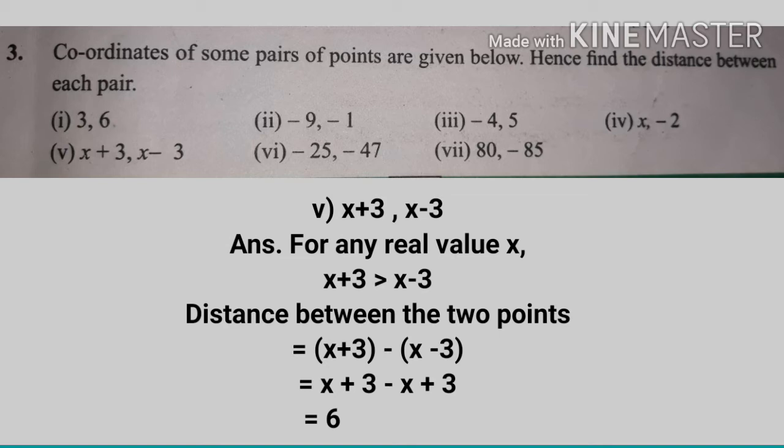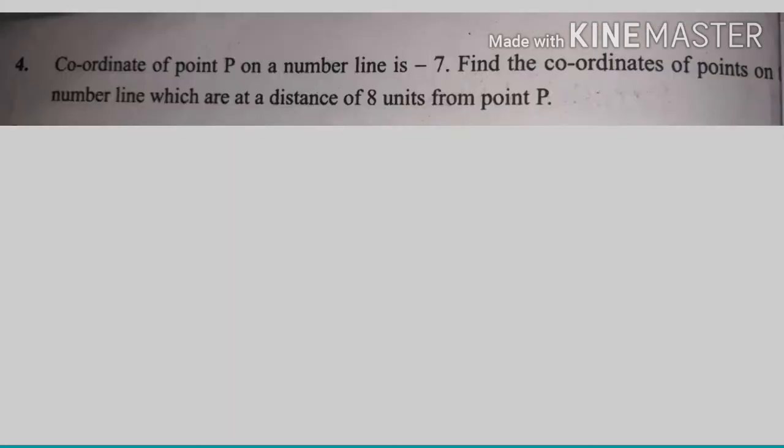For any real value x, x plus 3 is always greater than x minus 3. Therefore, distance between the two points equals (x plus 3) minus (x minus 3). By solving this, x plus 3 minus x plus 3 equals 6. So, the distance between these two points is 6. You can solve other examples.